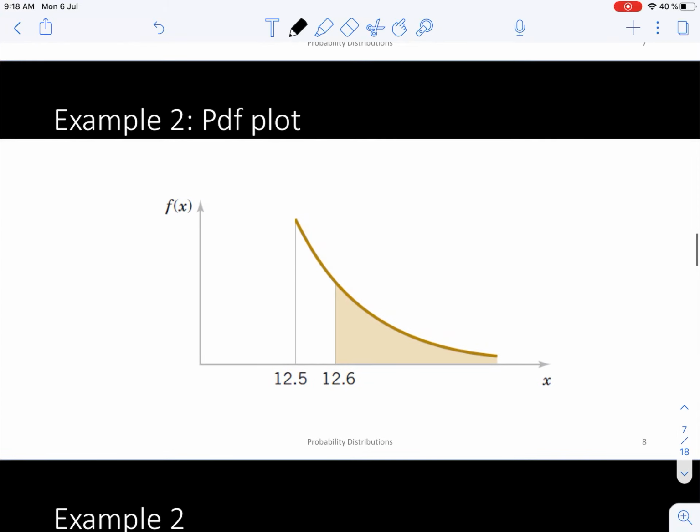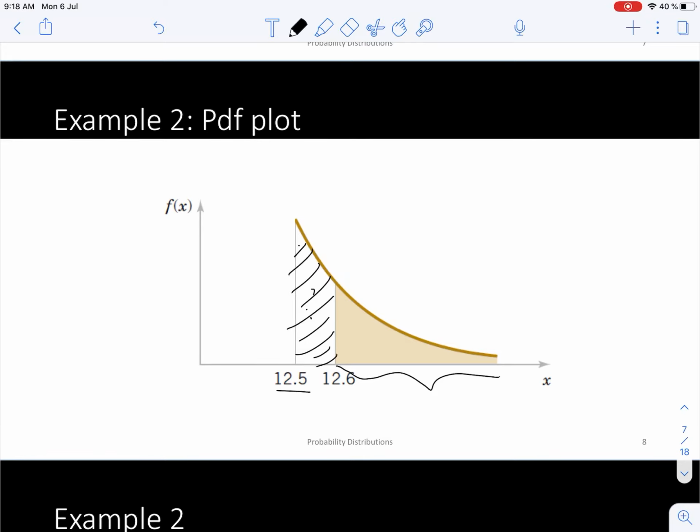So let me show it to you in this plot. So this is the PDF plotted. We know that the whole area, including the white space here below the curve, the whole thing is equal to 1, right? From 12.5 up to infinity. But the area that we want to compute goes from 12.6 up to infinity, right? So what we're going to do is take the whole thing. So 1, that will be the area, the whole thing. And let's remove only this part. Let's remove that section.